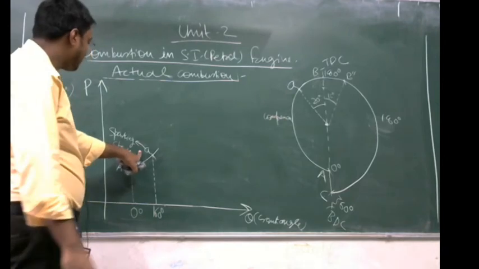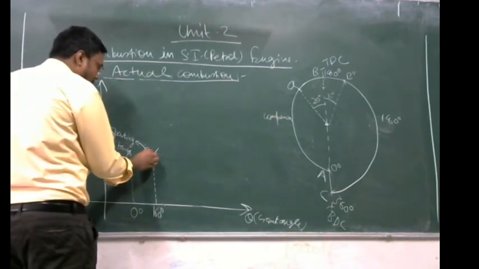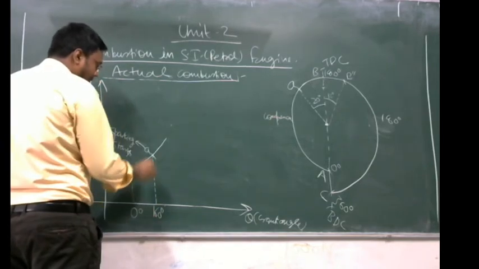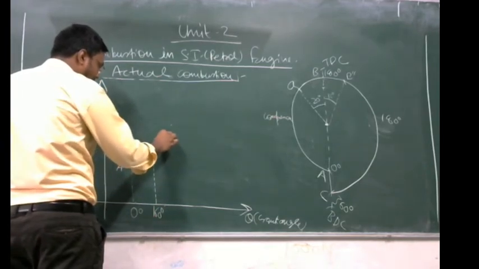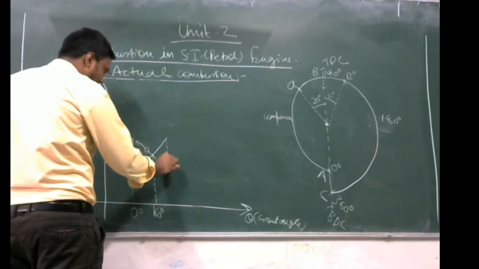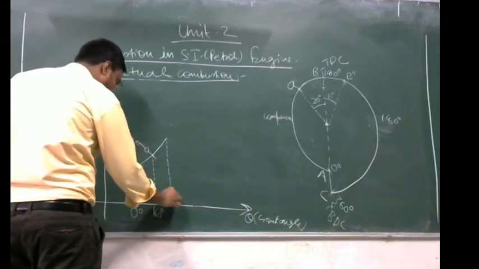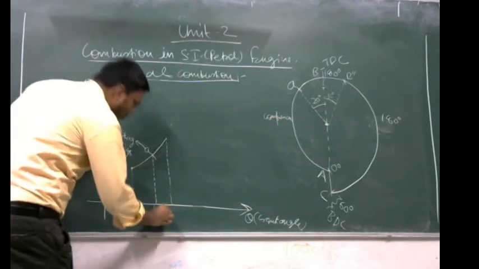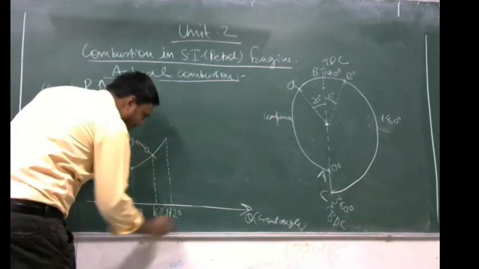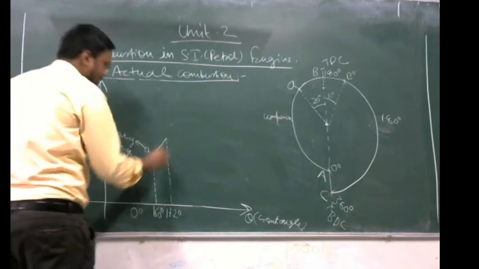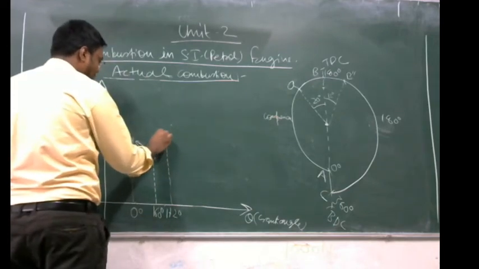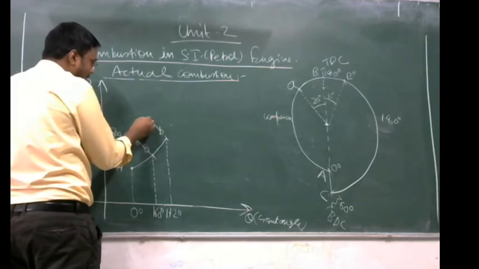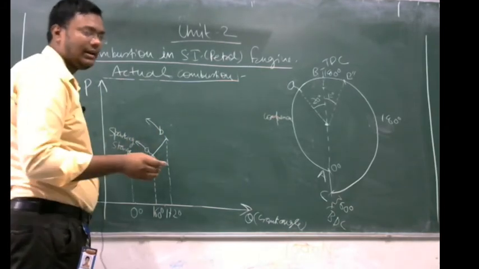So when we started sparking at point A, after almost 12 degrees, meaning 160 plus 12, which is 172 degrees, let us assume this is point B. At point B, combustion or ignition starts.